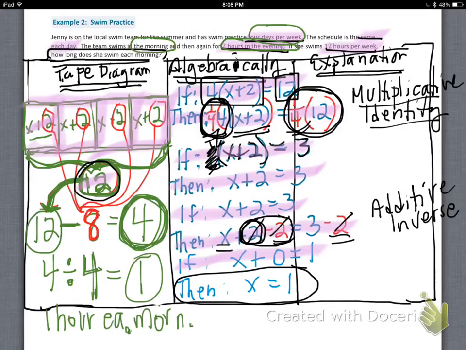That is our algebraic solution. This last one is known as, this is good to know, the additive identity. Anything plus 0 equals that number.